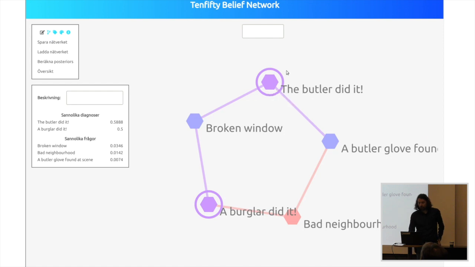So the things with the ring around them here, those are conclusions. Those are things that I can't observe and I can't ask about. These are things that I want to know. And the purple thingies, these are things that I can observe or ask about, potentially things that are expensive or difficult to observe. Some observations are cheap, but some are very expensive.